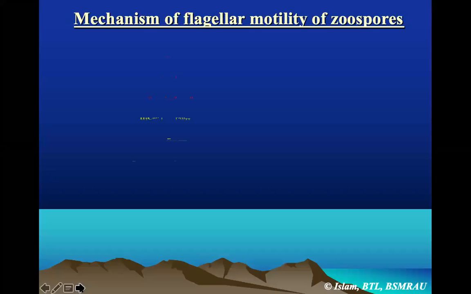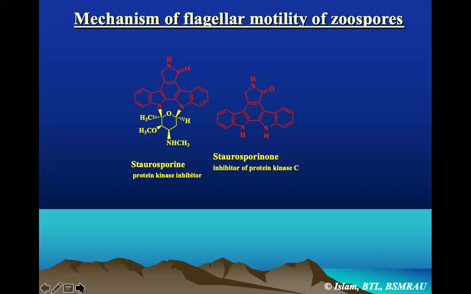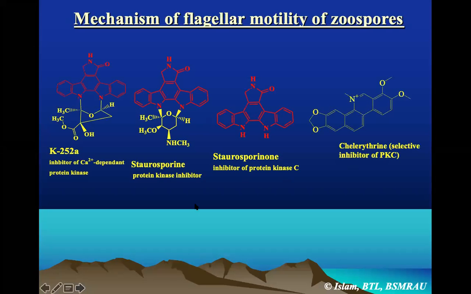Interestingly, we found that the staurosporinone skeleton is necessary for the activity, but it is weakly active. But if there is a sugar moiety in the structure, then it is more active. We also checked the mode of action of staurosporine in other cells, and we found that it is a protein kinase inhibitor.